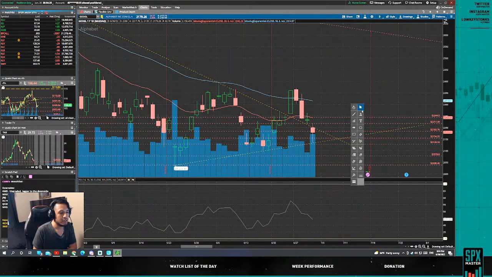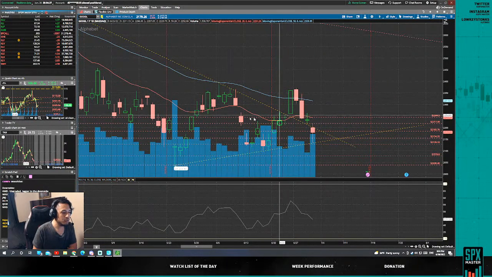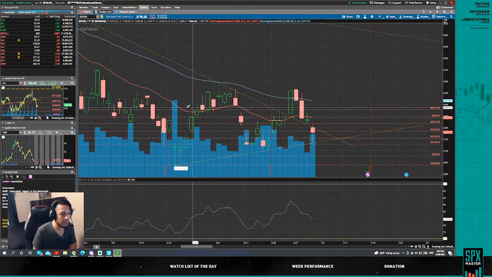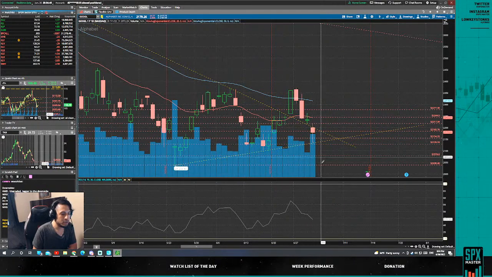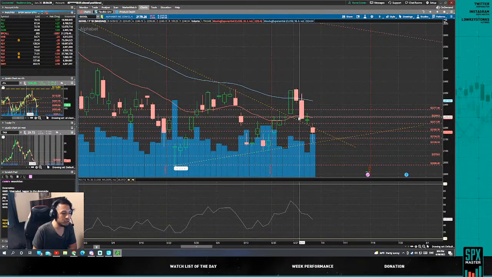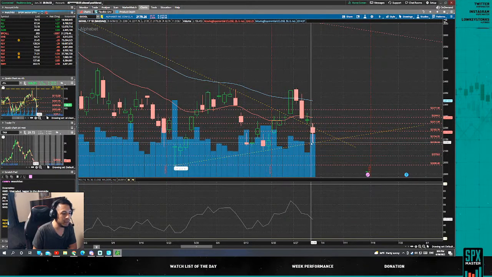My levels for the upside will be roughly something like this, and then levels to the downside here, putting a bearish note into how we broke the trend line and went back inside.